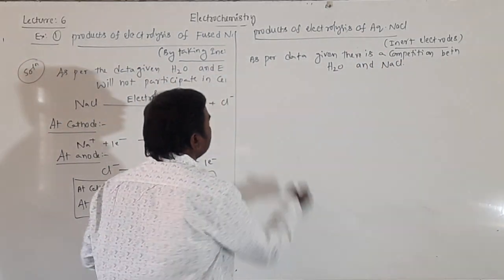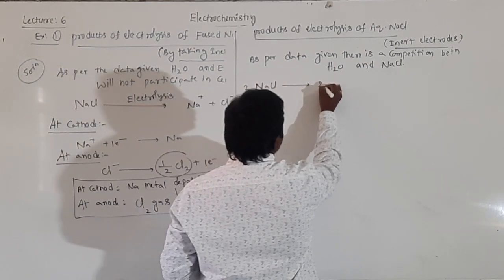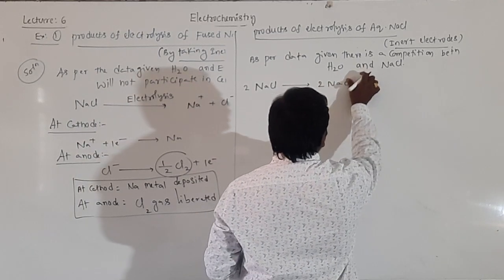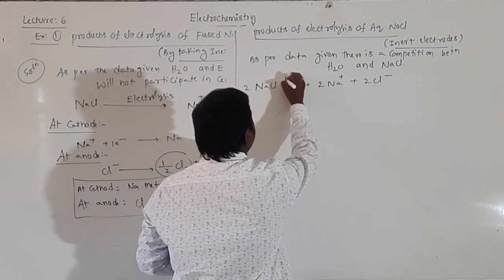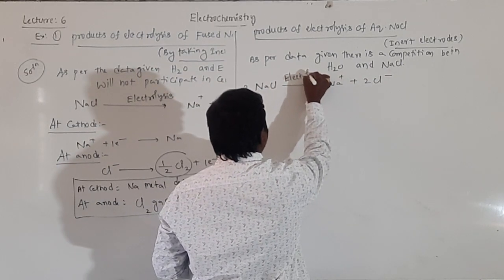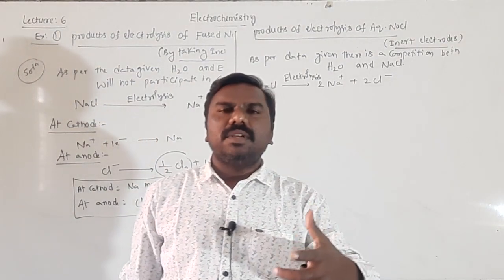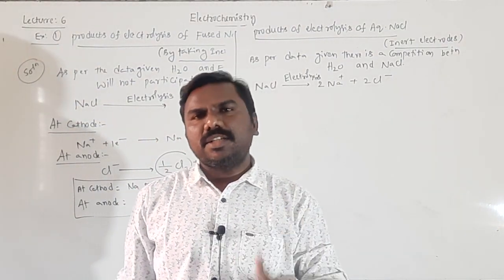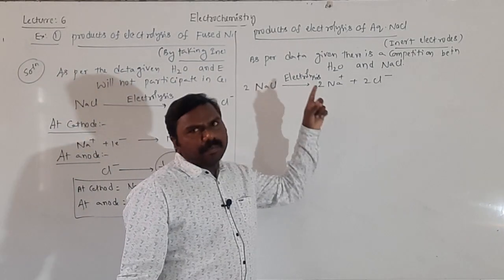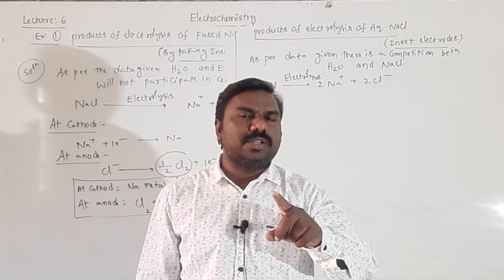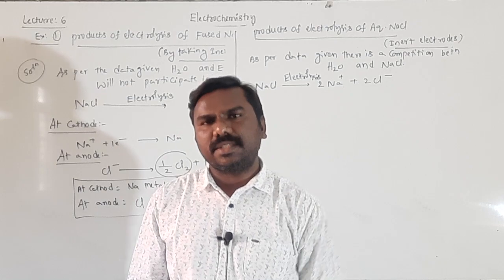First, 2 moles of NaCl I am taking, converted into 2 Na plus and 2 Cl minus. When you electrolyze it, by passage of electricity, NaCl will be decomposed into Na plus and Cl minus. Water can also participate in the cell reaction, at both anode and cathode.